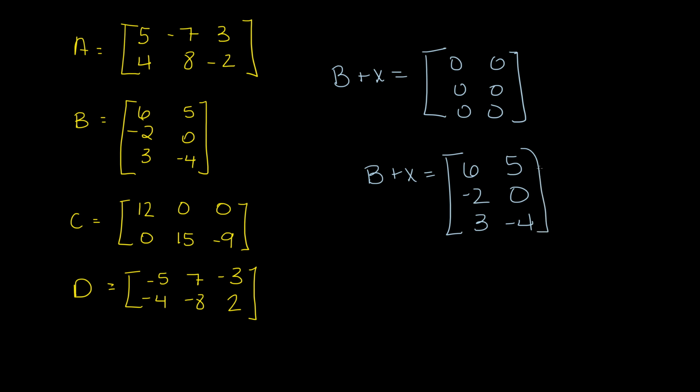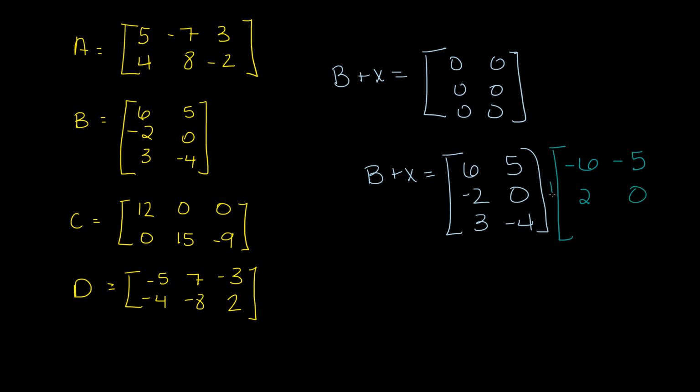The value that would make this 1,1 a 0 would be a negative 6. The thing that would make the 1,2 a 0 is negative 5. The value that would make the 2,1 a 0, row 2, column 1, is 2. This is 0, so 0 plus 0 would be 0.